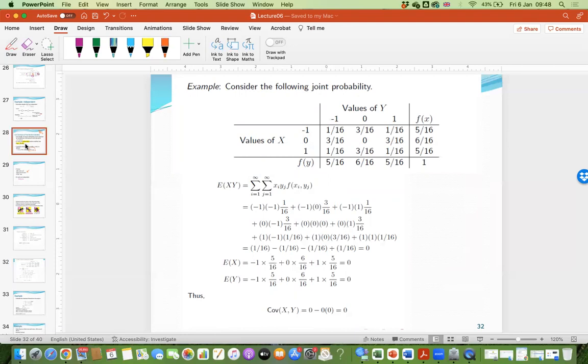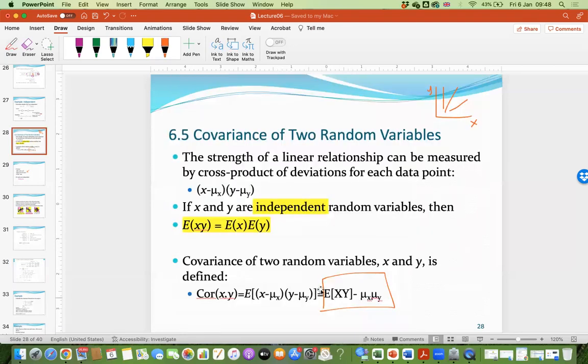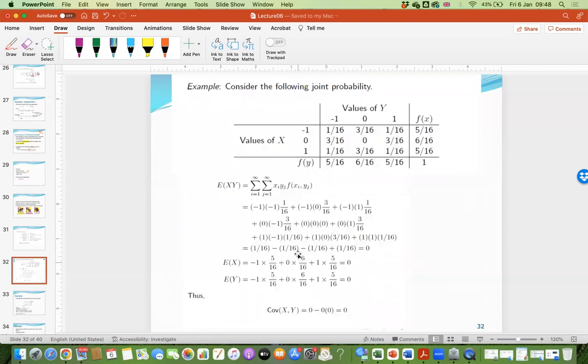When we look at the condition, it is the mean of joint xy minus the mean x and mean y. So for the discrete random variable, we need to find three things: the mean xy, the mean x and the mean y. Like I mentioned, for the mean xy you have to multiply x, y in front. For x, you need to multiply x in front. So let's check one of them.